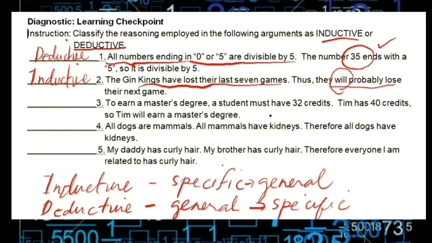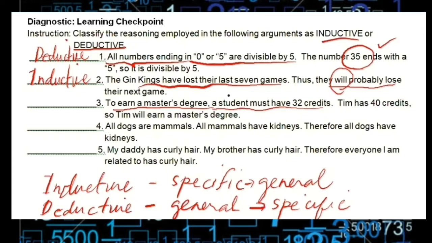Number 3. To earn a master's degree, a student must have 32 credits. Team has 40 credits, so team will earn a master's degree. If you observe in number 3, it gives a general rule first or standard.